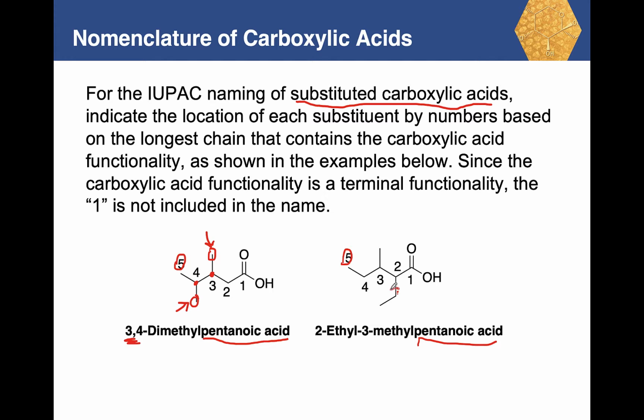And here we have an ethyl, 2 carbons, and a methyl, 1 carbon, on carbons 2 and 3. Since E comes before M, we start the naming with 2-ethyl and 3-methyl pentanoic acid.